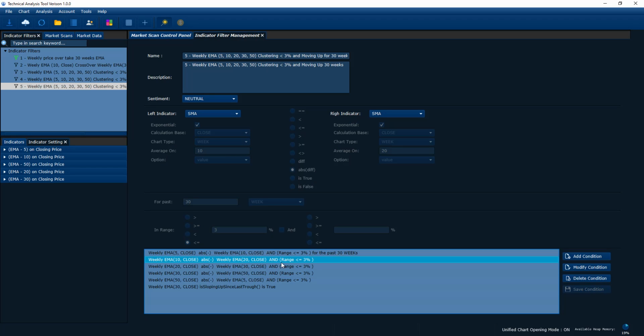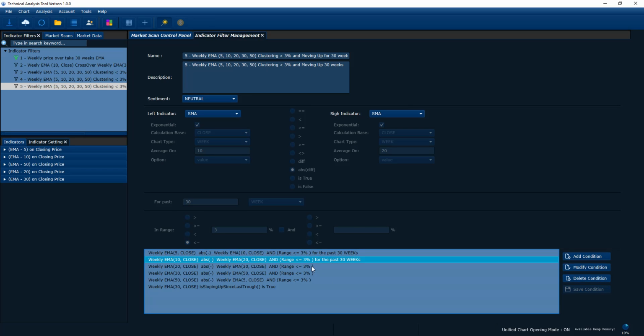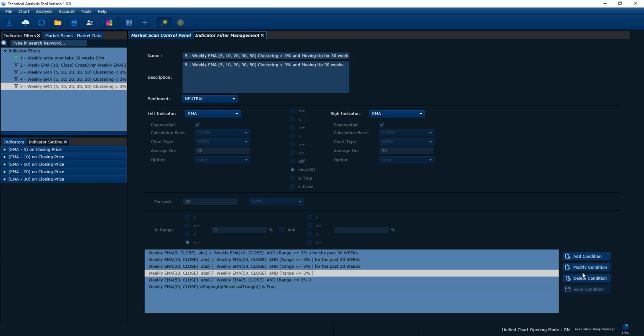As you can see for the second one, I click modify condition and this appears, let's save it. The third one, modify condition, let's save it.